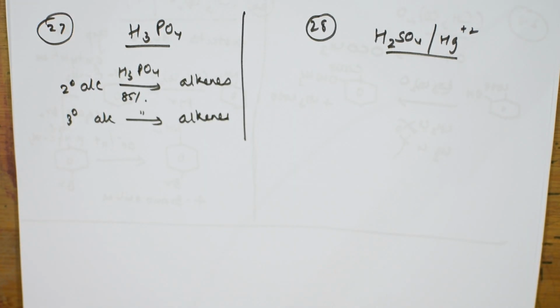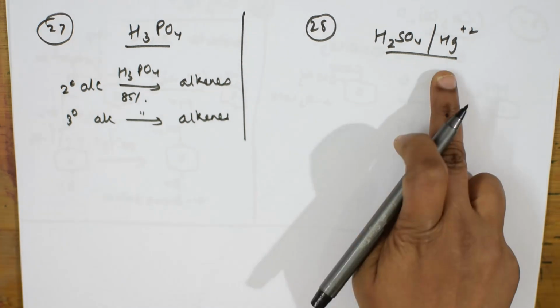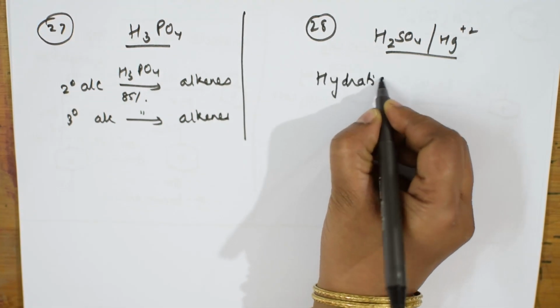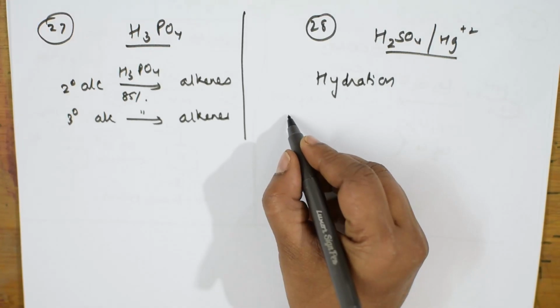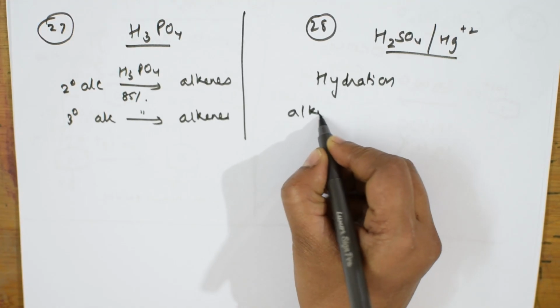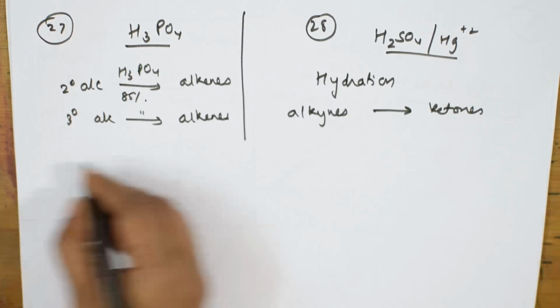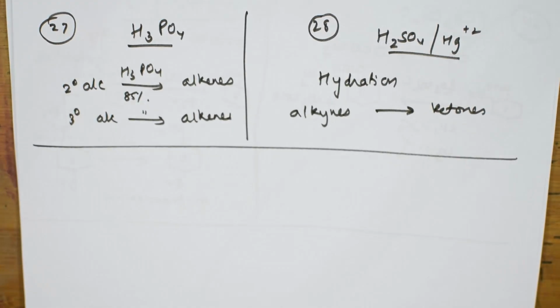If I have sulfuric acid in the presence of mercury, this also helps in hydration only. What does it do? This converts alkynes to ketones. I hope you remember this, students. Hydrating agents. Done? Now, let me take one more.